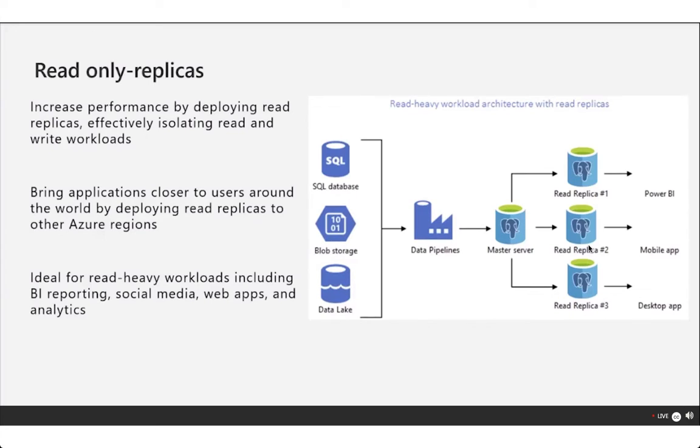It's also a very common scenario for read-heavy workloads, which might be coming from web apps or any form of analytics, or a very commonly used technique to bring the data closer to the users, when users are targeting a dedicated data center that gives them less latency compared to the data center where the initial server was configured.